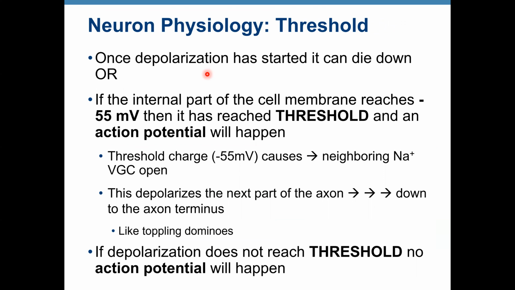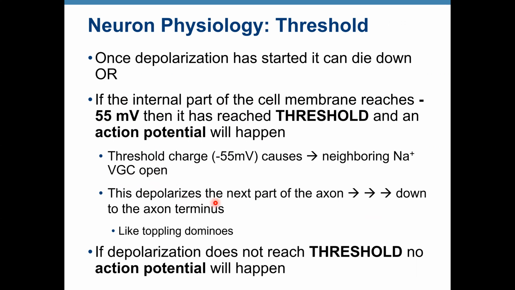Once this depolarization has started, it can either die, or if the inside of the cell reaches minus 55 millivolts, then it reaches threshold, and an action potential will happen. A threshold charge of minus 55 millivolts causes neighboring sodium voltage gated channels to open.